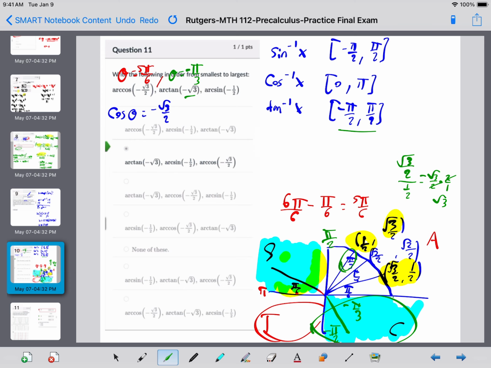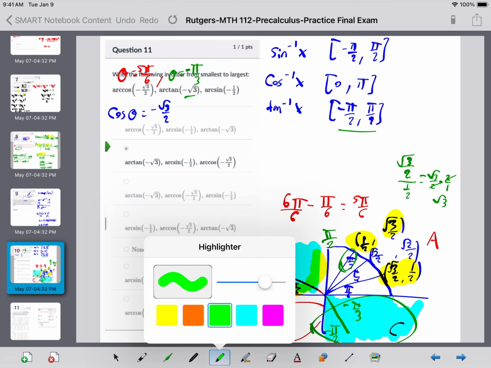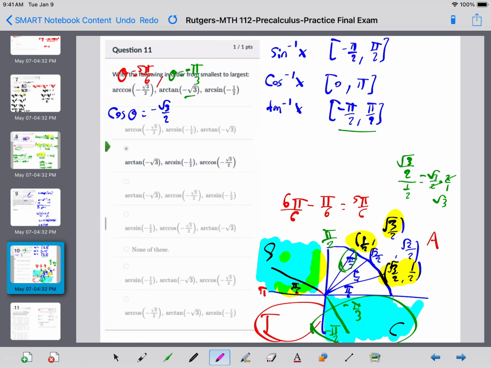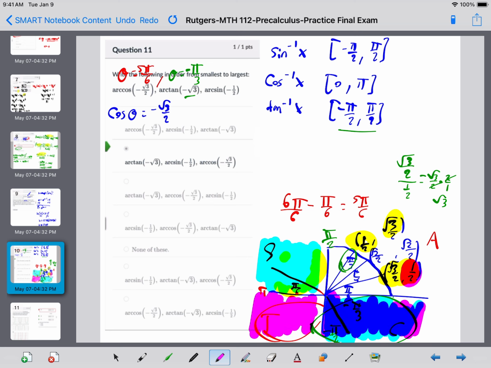And now for arcsine of negative 1/2, sine is 1/2 at pi over 6. We have negative 1/2, so that's going to either be in quadrant 3 or quadrant 4.